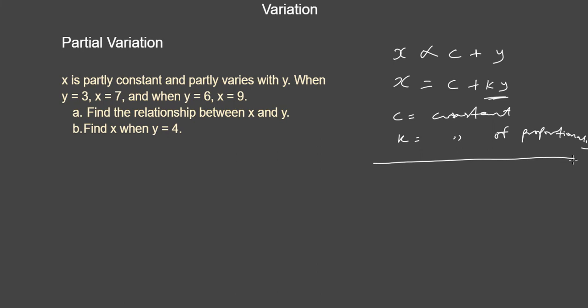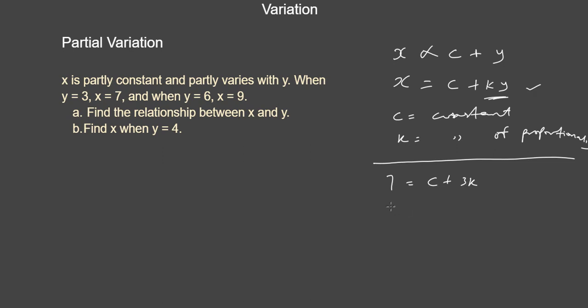So let's interpret it. When y is 3, x is 7. So you can say 7 equals c plus 3k using this formula, right? 7 equals c plus 3k.